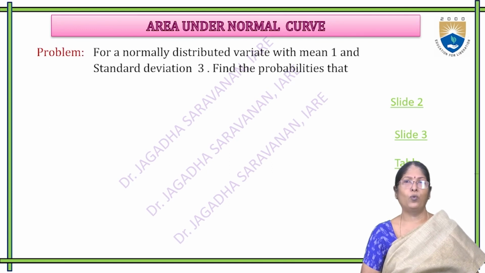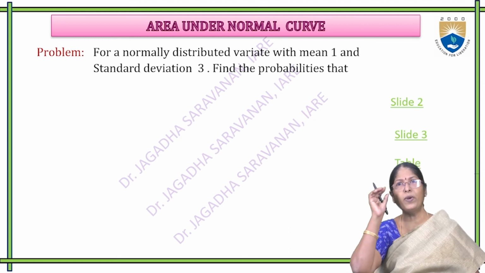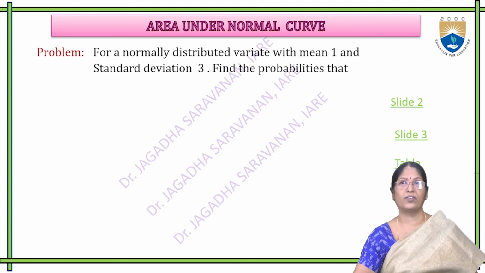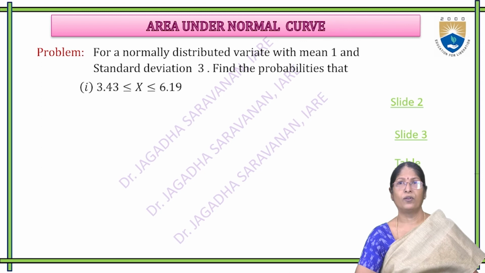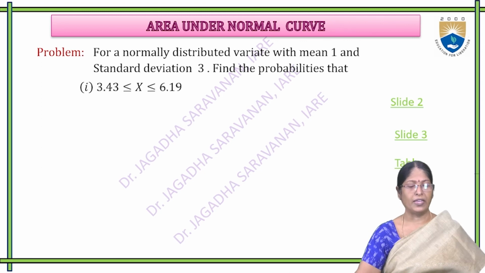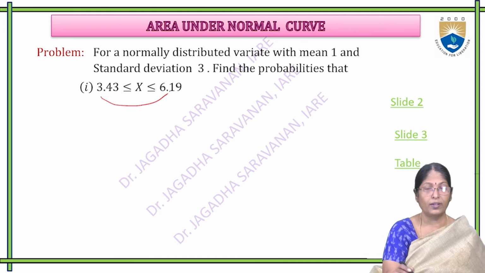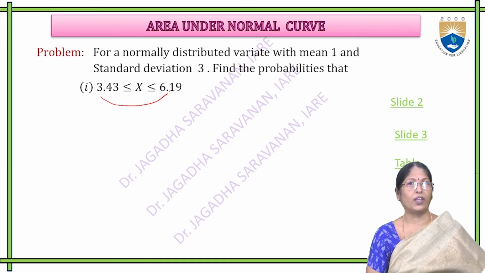Yes, now we will move to the third problem. For a normally distributed variate with mean 1 and standard deviation 3, the first target while reading the question is that mean and standard deviation are given. Fine. Find the probability that x lies between minus 3.43 and 6.19.